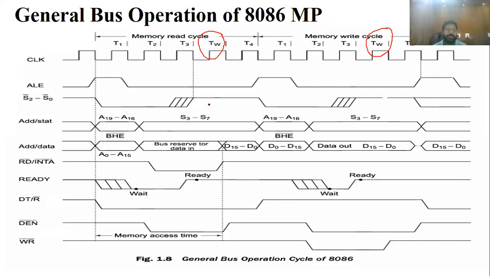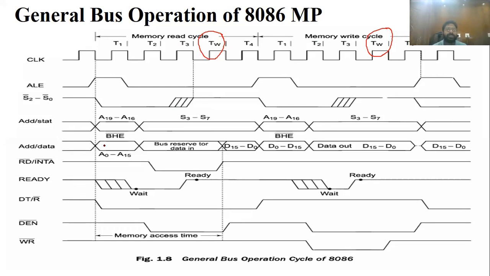You know that when the microprocessor accesses the memory in this way, the microprocessor performs the read operation. When the microprocessor sends information to the memory, at that time the microprocessor performs the write operation.